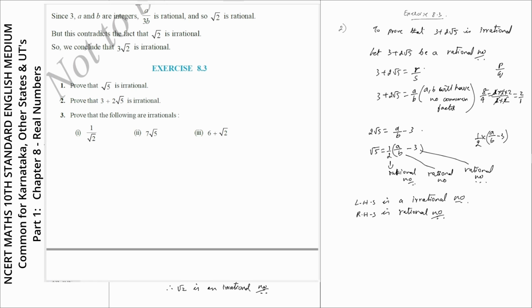So this is not possible. This is meaningless. Both should be rational numbers or both should be irrational numbers. So this is not possible.